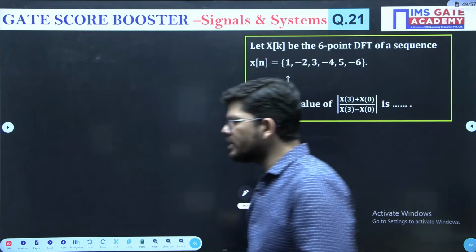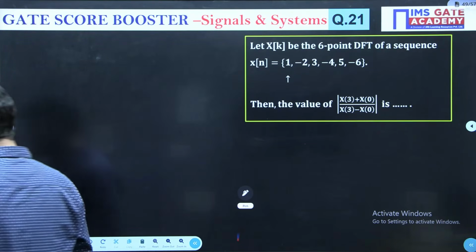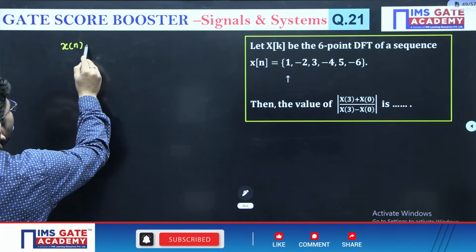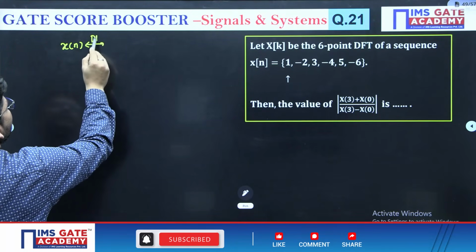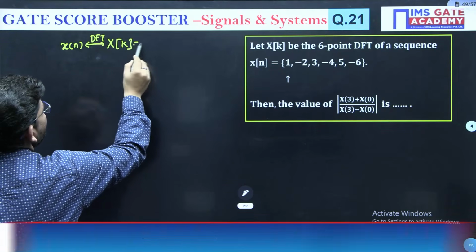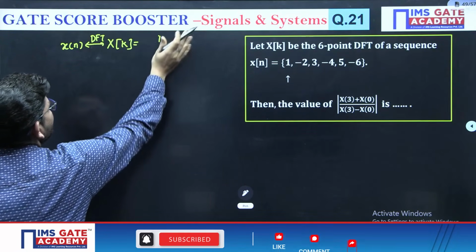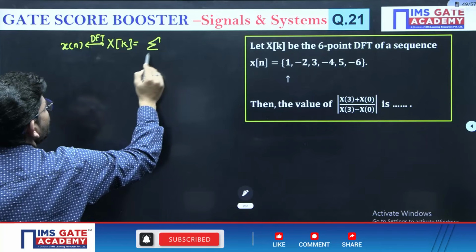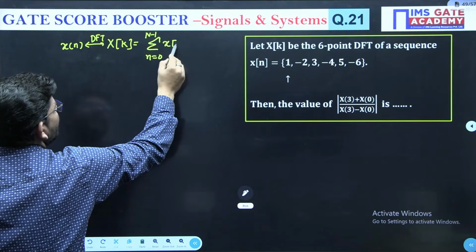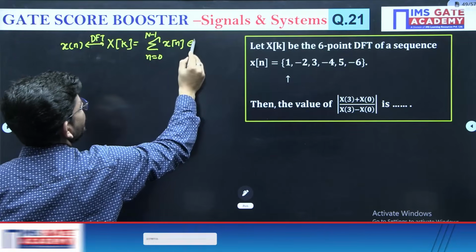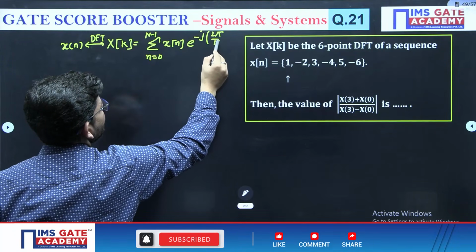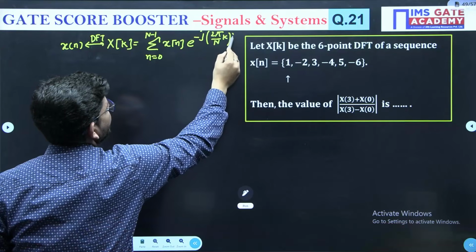Now we are talking about DFT, right? What are the formulas? If x[n] has DFT, which is denoted by X[k], then the formula says that it is equal to the summation n equals 0 to N minus 1 of x[n] e to the power minus j 2 pi by N into k into n.